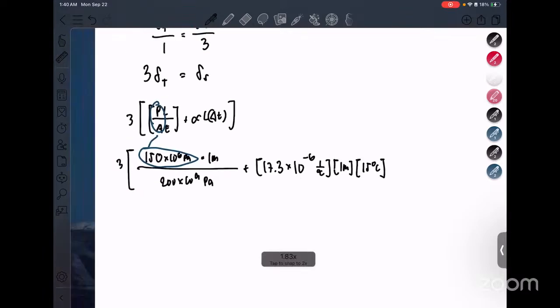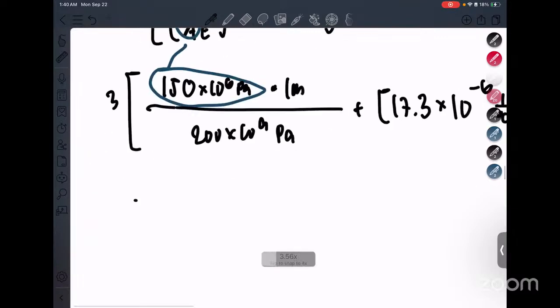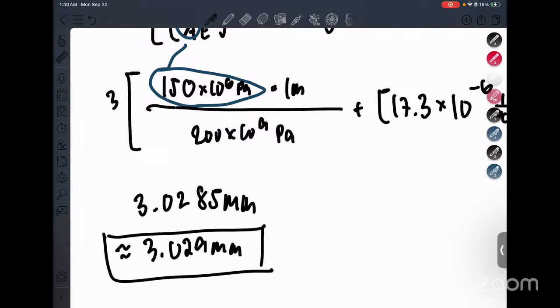And then that's all times 3. So now, makukuha nyo na the deformation is 3.0285 millimeters. So by ES 102 convention, that's 3.029 mm. That's your final answer.